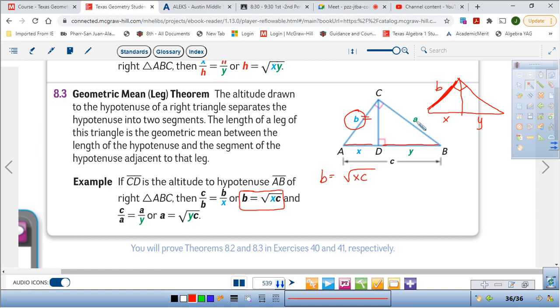I have this other leg here. So this leg is equal to, again, look what it says. A is equal to the geometric mean between the length of the hypotenuse, C, and the segment of the hypotenuse adjacent. So when it comes down here, it separates it into two pieces. This one is equal to the geometric mean of the hypotenuse and the segment adjacent, next to it. So we'll go with Y, C. So there's your main information.